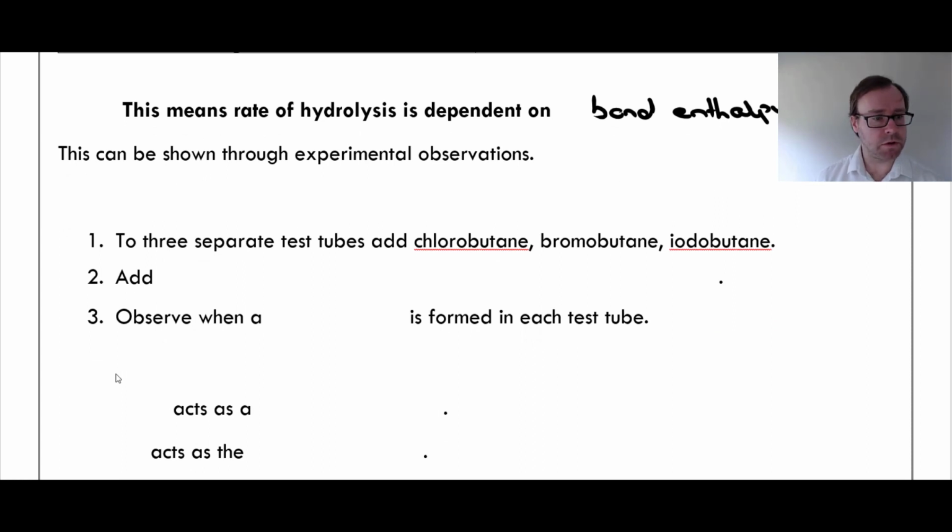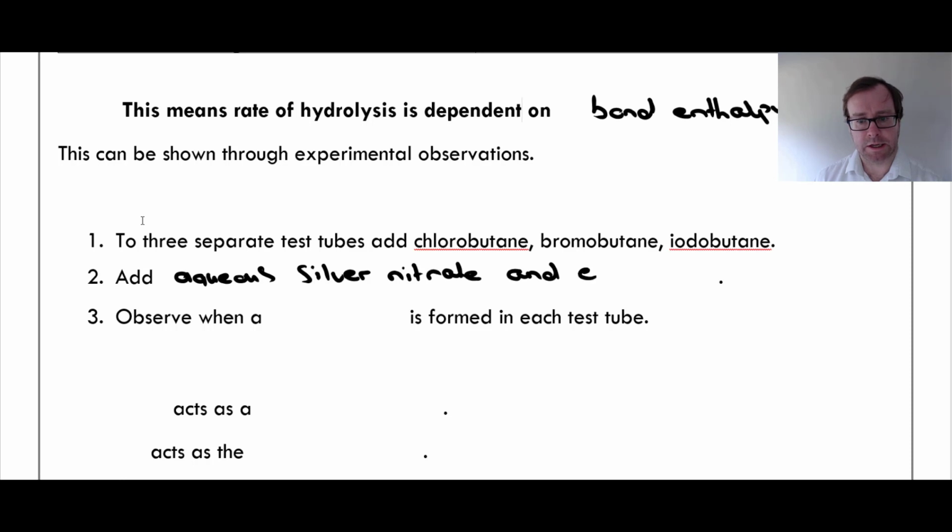How we do it is, to 3 separate test tubes, add chlorobutane, bromobutane and iodobutane, add aqueous silver nitrate and ethanol, and we observe when a precipitate is formed in each test tube.